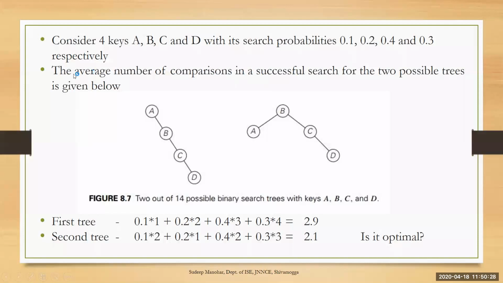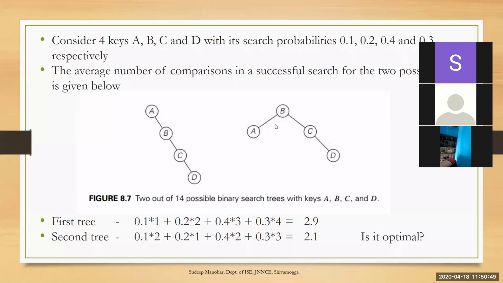Now, using these 4 keys, we have to generate the binary search tree. Using 4 nodes, how many different trees can we generate? Mathematically, for 4 nodes, we can generate 14 different trees.